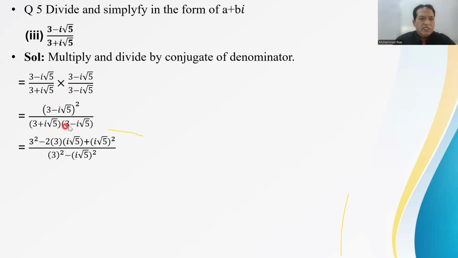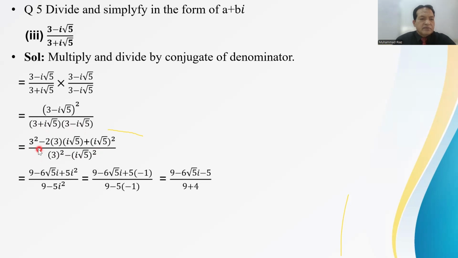First value same as first, second value iota under root 5 same as second; one factor has sign plus, the other minus. According to the third algebraic identity, a square minus b square: 3 square minus iota under root 5 whole square.